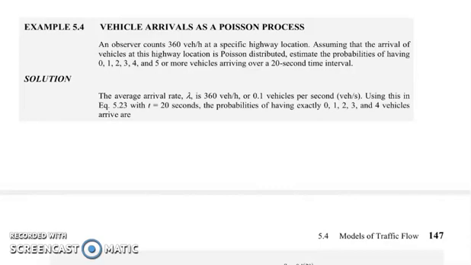To convert, we divide by 60 because 1 hour is 60 minutes. So this results in 6 vehicles per minute.